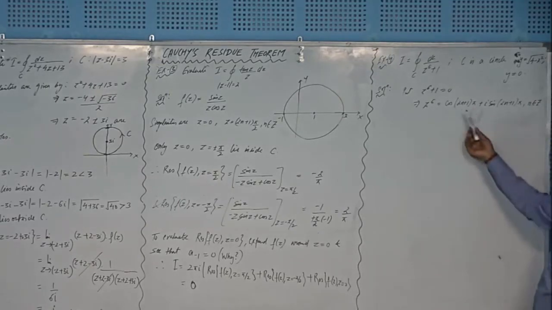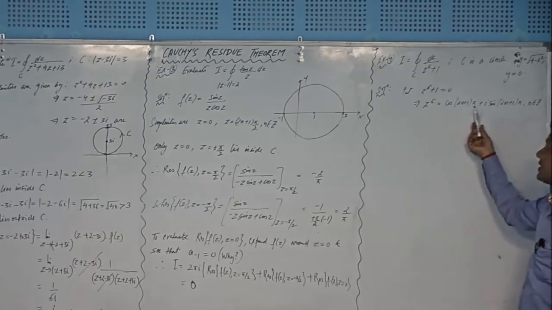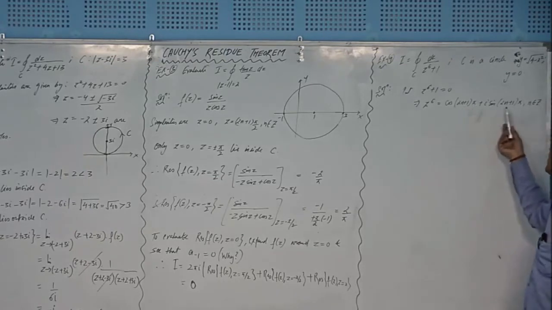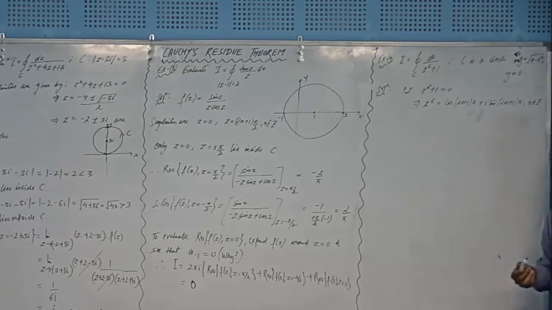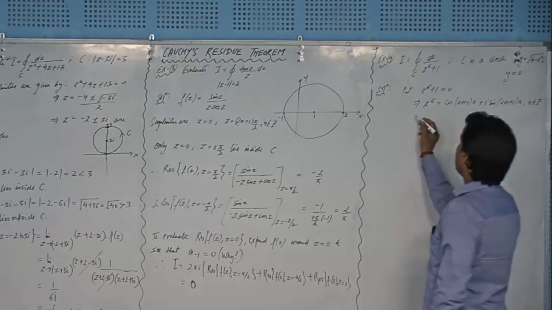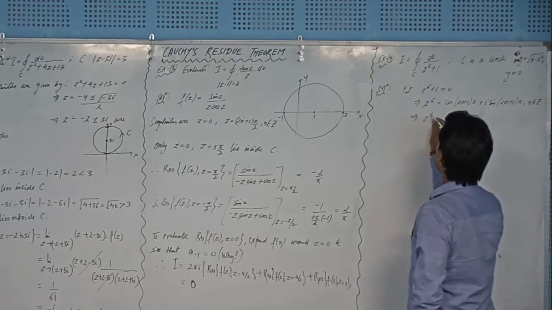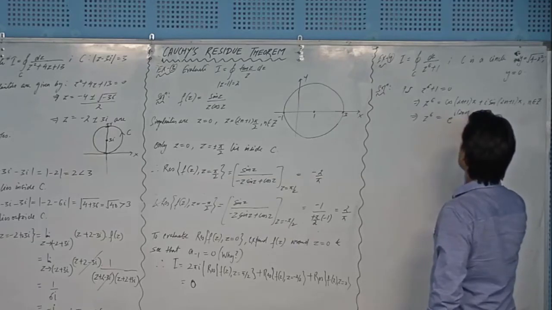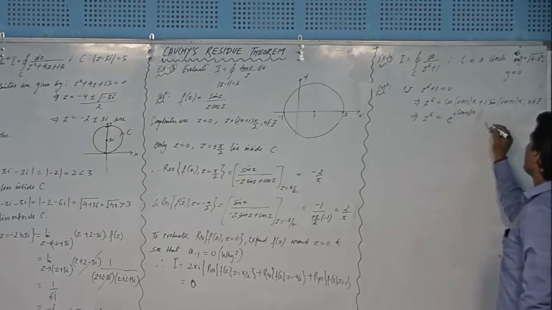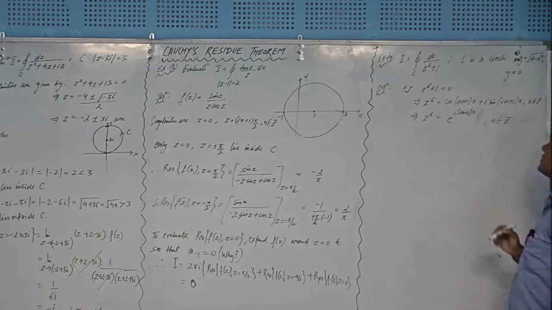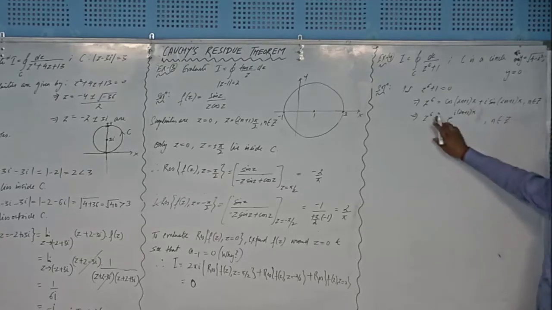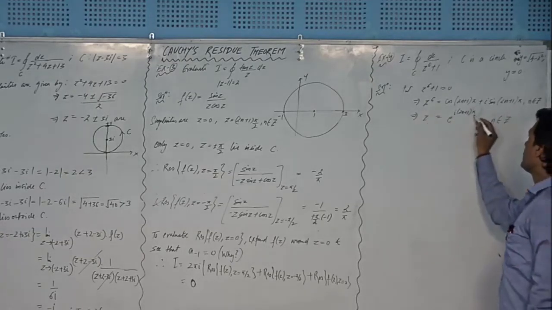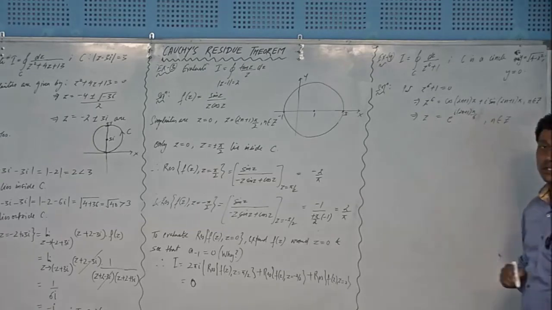Since cos at odd pi is minus 1 and sine at odd pi is always 0, right? In that way you will write this as e to the power i(2n plus 1)pi, where n is an integer, right? And why don't we take this 6 here by 6, right?